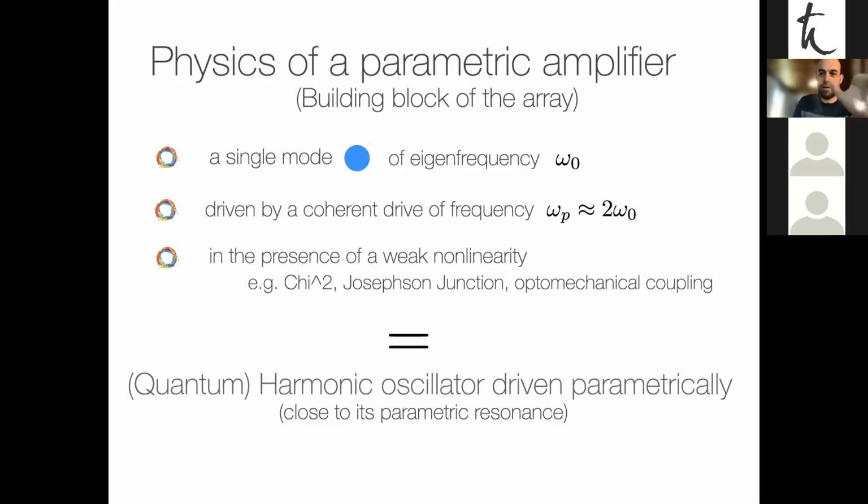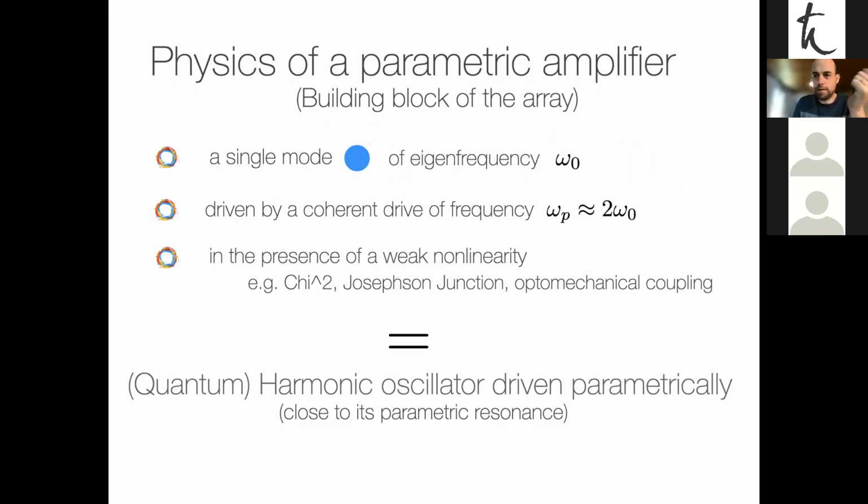Okay, now I wanted to review very quickly the physics of our building block, a parametric amplifier. Here it's also nice that Nicola already did a great job, and probably most people are familiar with this anyway, so I will try to be very quick. The building block of our system is just a single parametric amplifier.